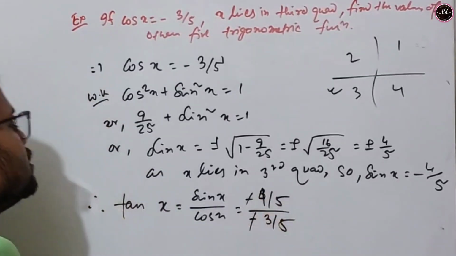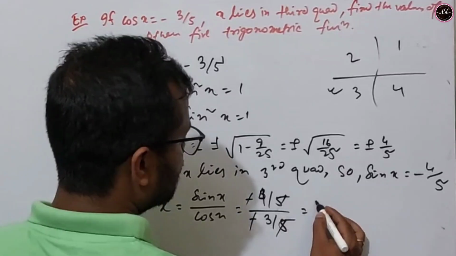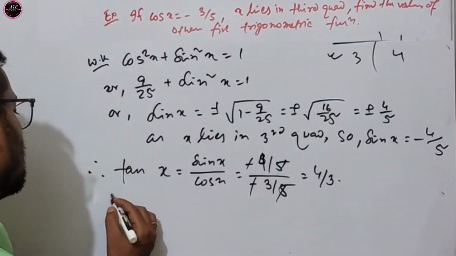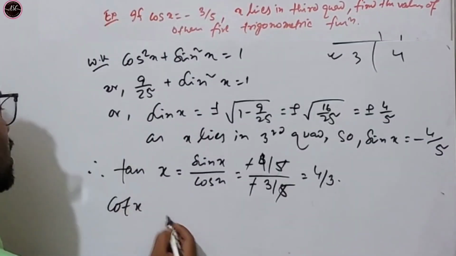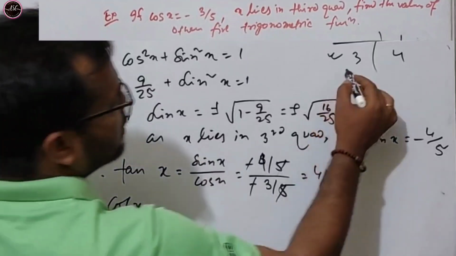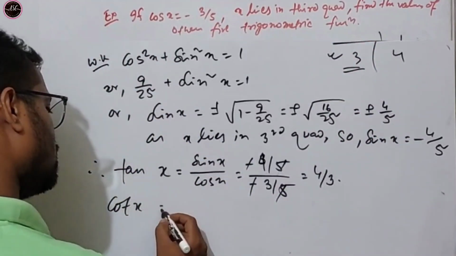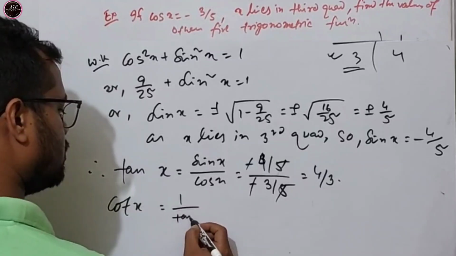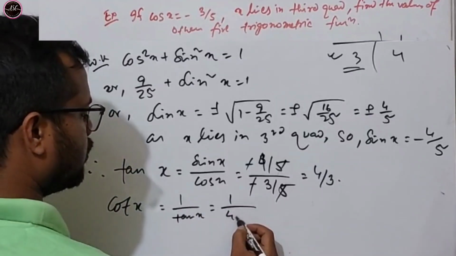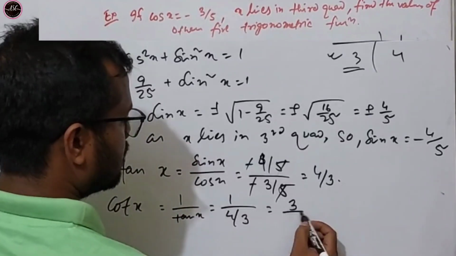Okay, cancellation of minus minus, and 5, we get 4 by 3. Okay, and then cot x equal to, here 4 by 3 is positive as tan is positive in the third quadrant, and cot x equal to 1 by tan x equal to 1 by 4 by 3. We get 3 by 4.